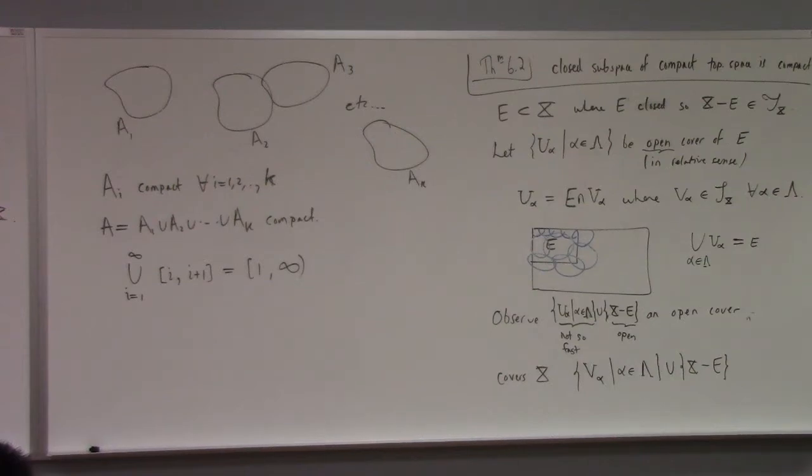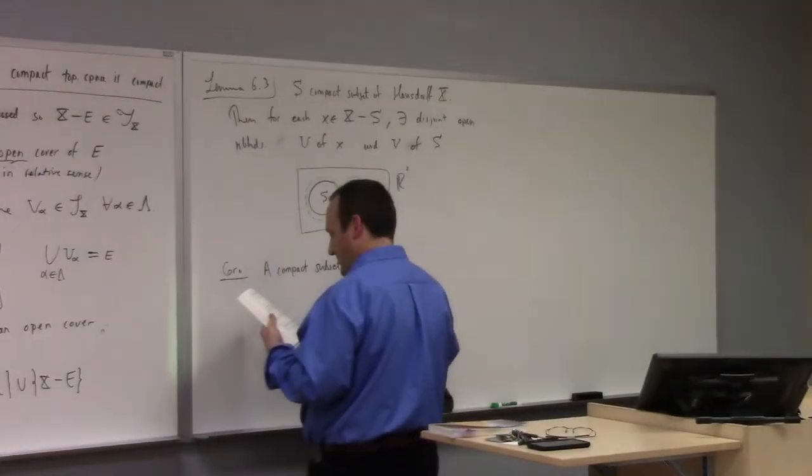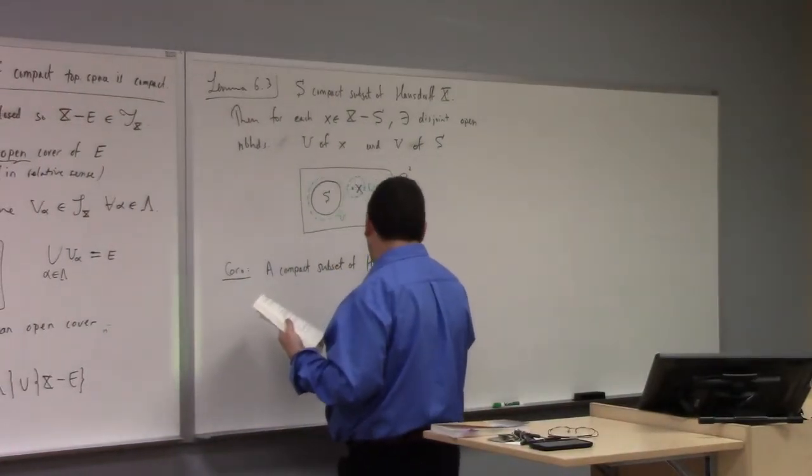But I think the main purpose is what it's about to be used in. What's that? Yeah, that's the corollary. Corollary: a compact subset, thanks gang, compact subset. Is that immediately obvious from what I just wrote?